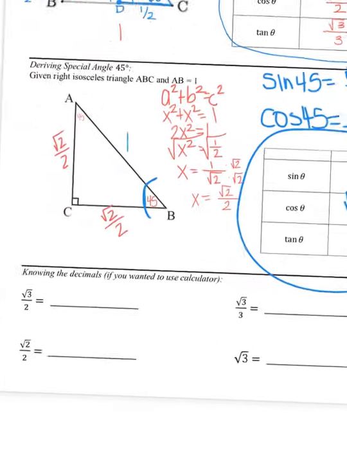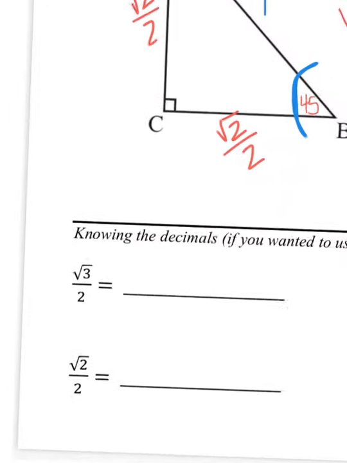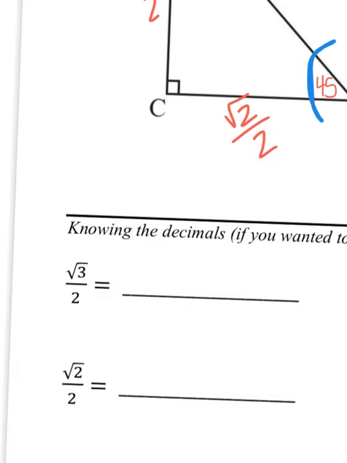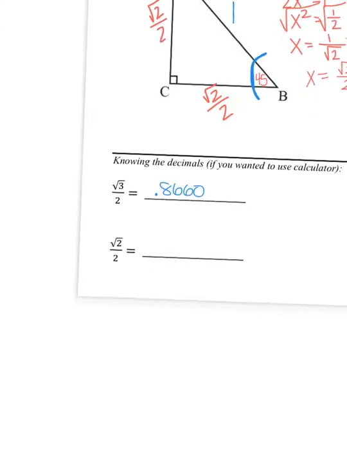So the square root of 3 over 2, if you type this into your calculator, you're going to get 0.8660. What does this mean? This means if I'm ever asking you to evaluate, so for example, the sine of 60 degrees, you type in sine 60 degrees, the calculator is going to give you 0.8660 blah, blah, blah. You have to memorize that decimal as being the square root of 3 over 2.